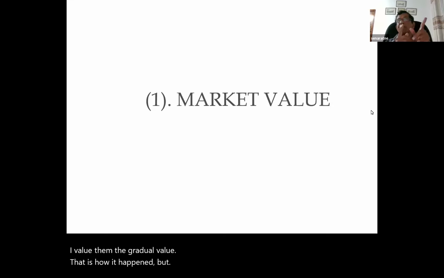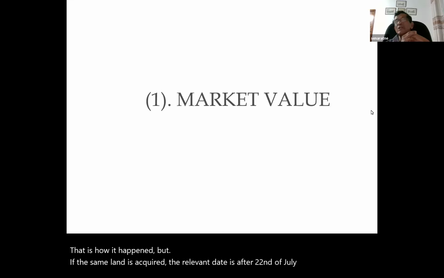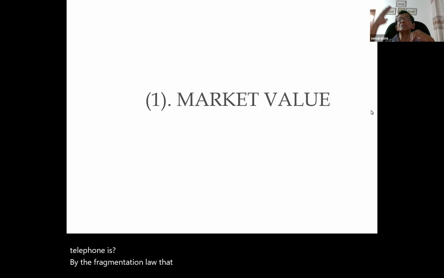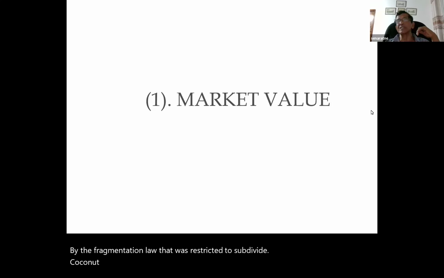But if the same land is acquired and the relevant date is after 22nd May 2005, what will happen is, by the Fragmentation Law, it was restricted to subdivide coconut lands over 10 acres, 4 hectares. See the difference there.